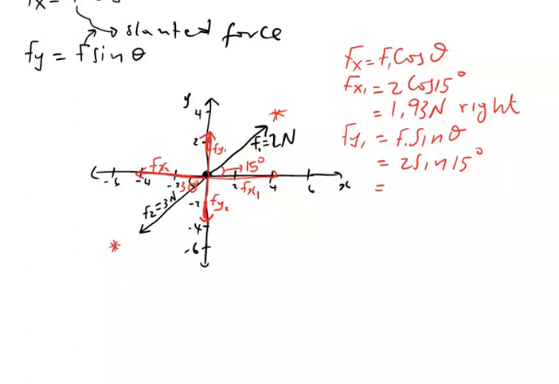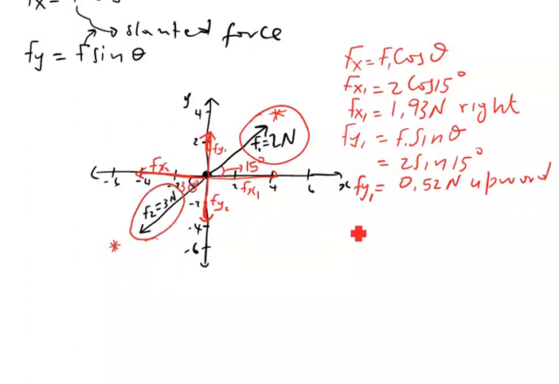So we get 0.52 newtons. The arrow is up, so we can just say upwards. This is Fy1, and this is Fx1. So we have resolved the components of this one. Now we are on this one.